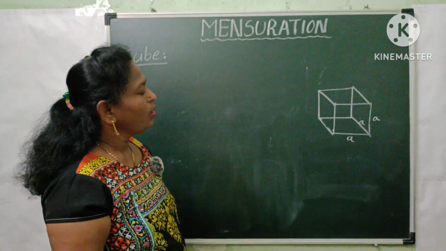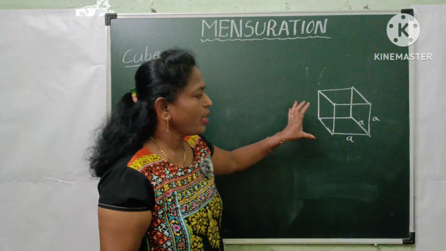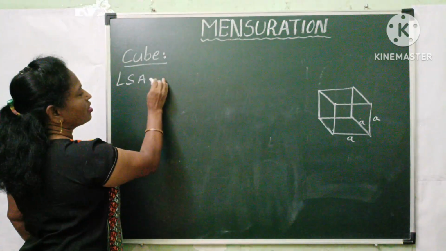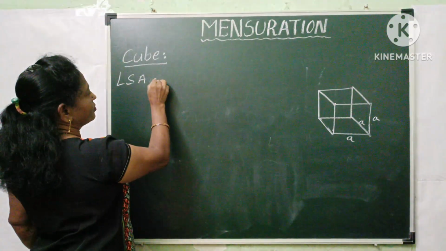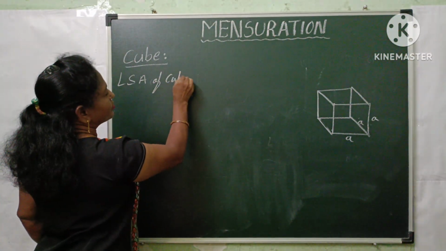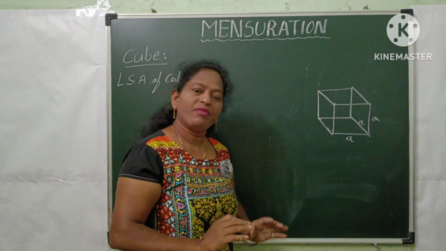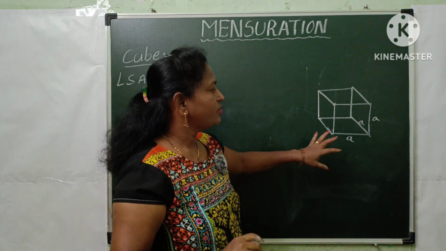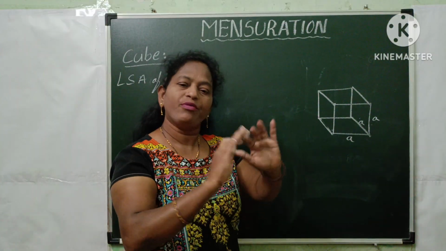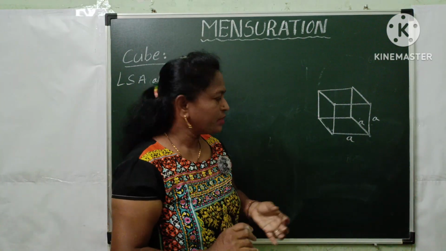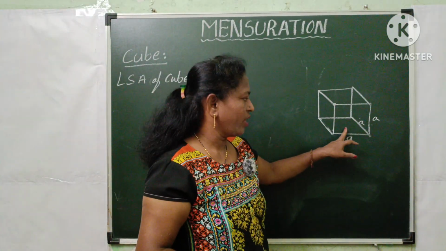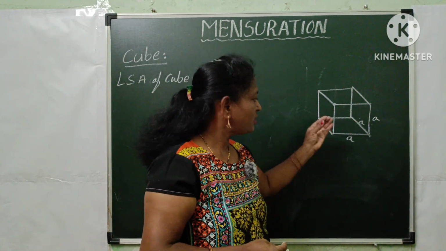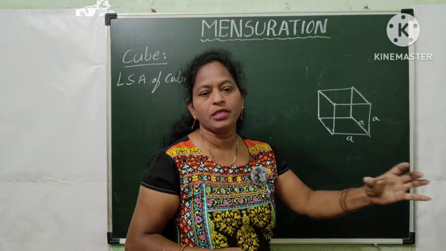So now the lateral surface area of the cube, LSA, equal to, here we are finding the 4 walls of the room. In this we are finding only the 4 walls area. One wall area is A square.